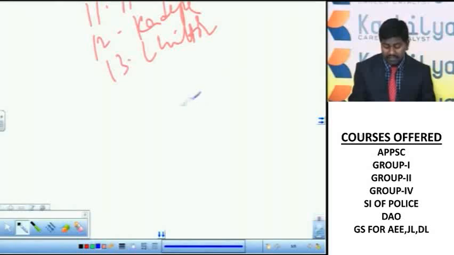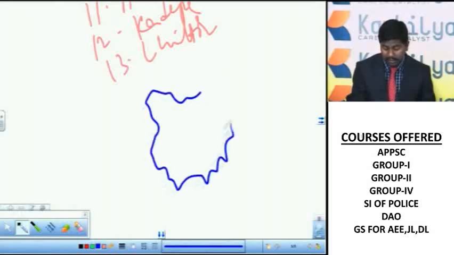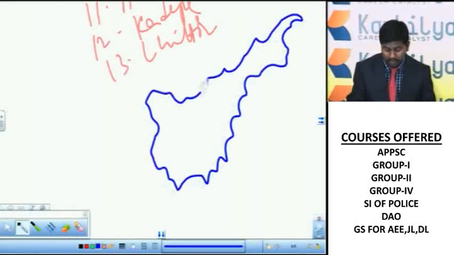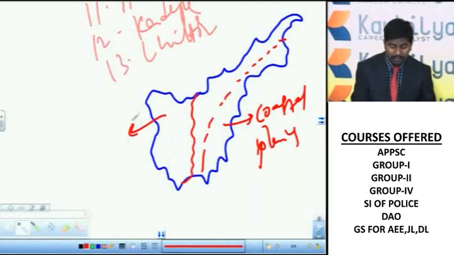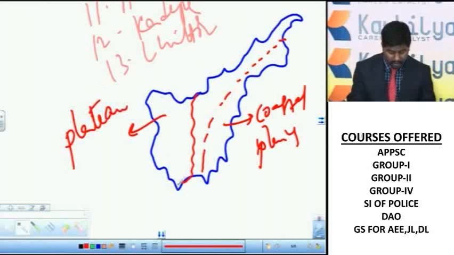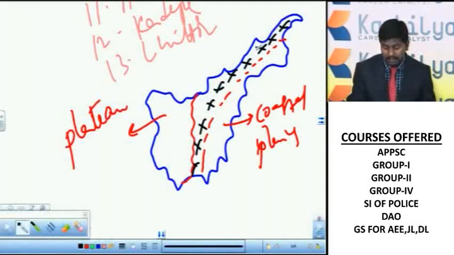Here the physiography of Andhra Pradesh can be divided into coastal plains, then plateau region, and in between these coastal plains and plateau region there are some hills and ghats. So these are the Eastern Ghats.